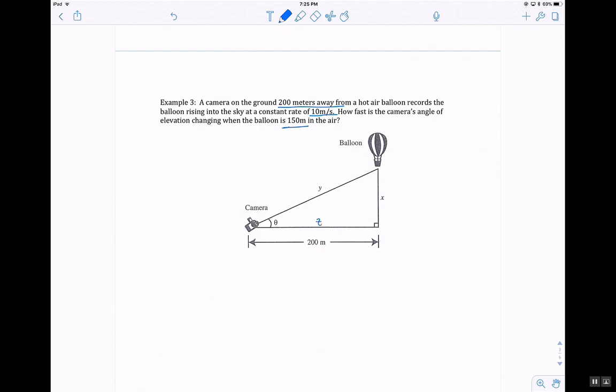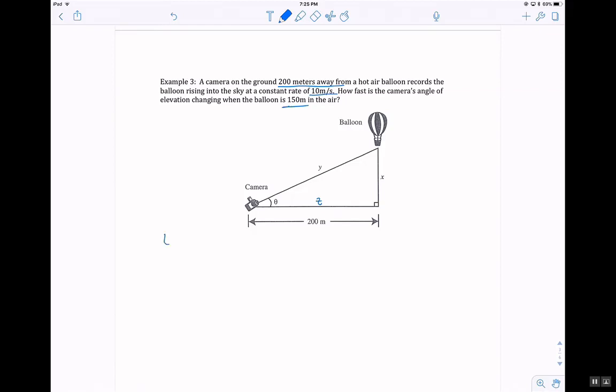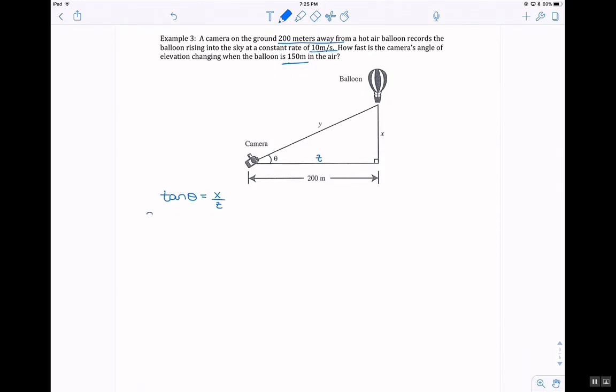So what I'm looking for is d theta/dt. We always use tangent. So let's call this other side z. So tangent of theta is equal to opposite, which is x over z. And then I take the derivative implicitly. So secant squared theta d theta/dt is equal to quotient rule.